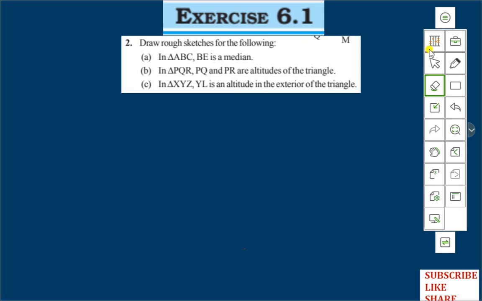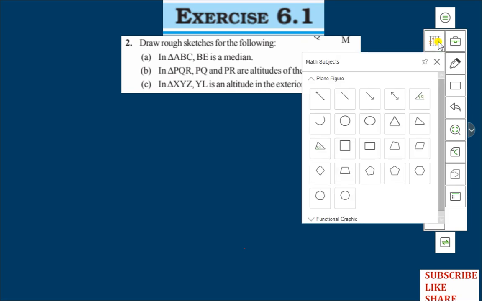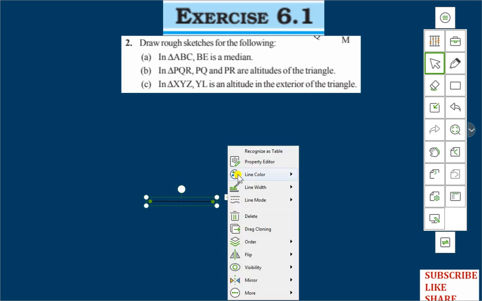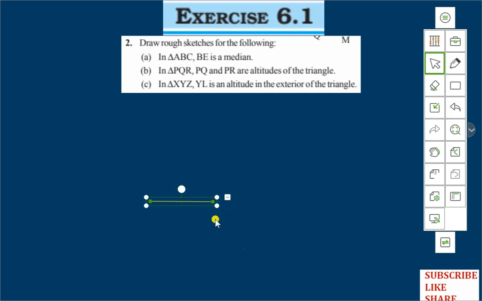Let us draw a triangle first. Here we are taking a triangle like this. We change the color of this line, the yellow, right?